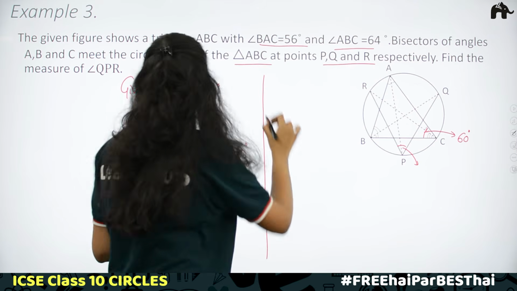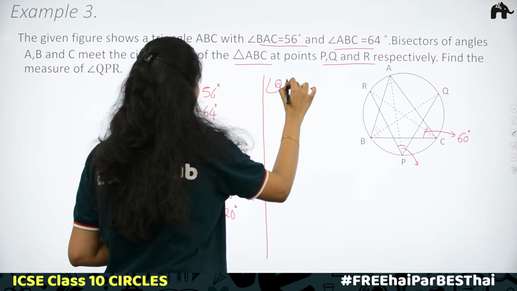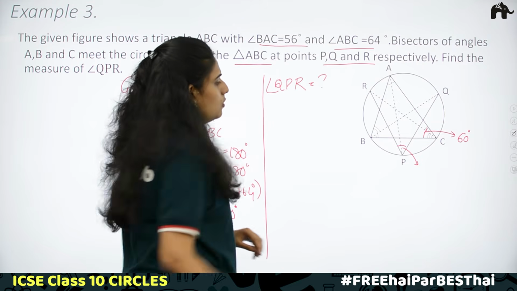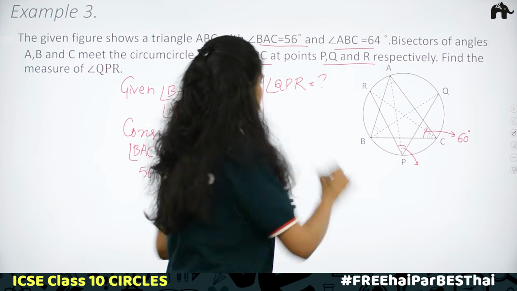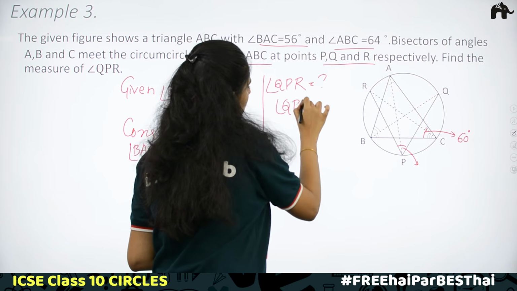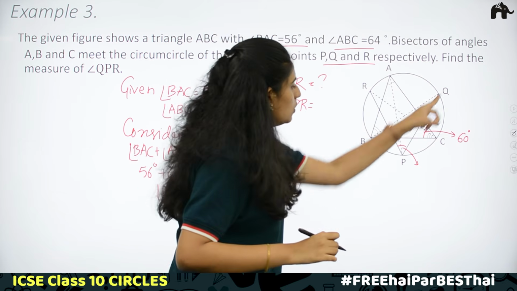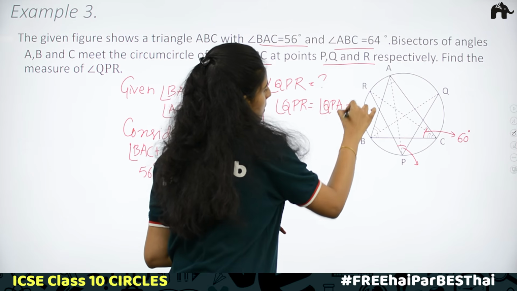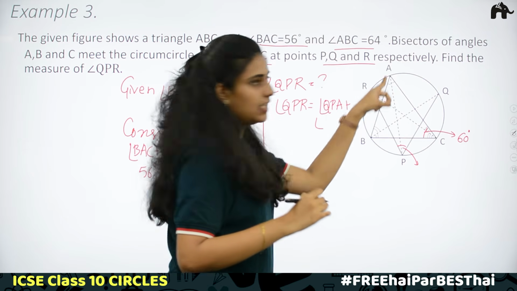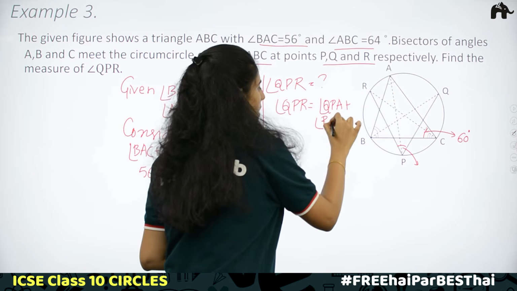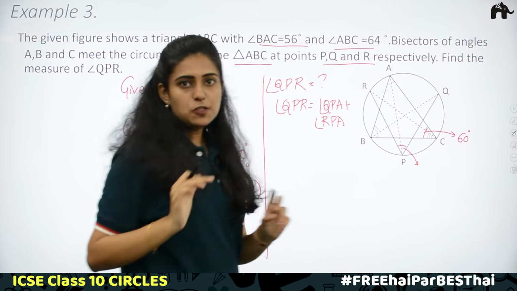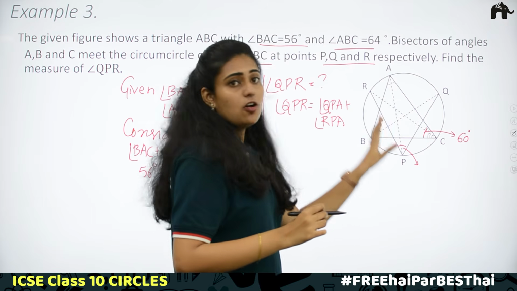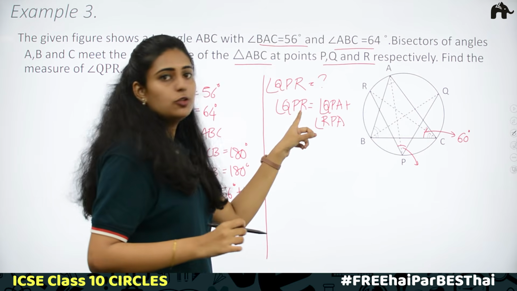Here we have to find angle QPR. How to find QPR? Angle QPR is equal to angle QPA plus angle RPA. If we are able to find the values of QPA and RPA separately, on adding them we will get the value of QPR.